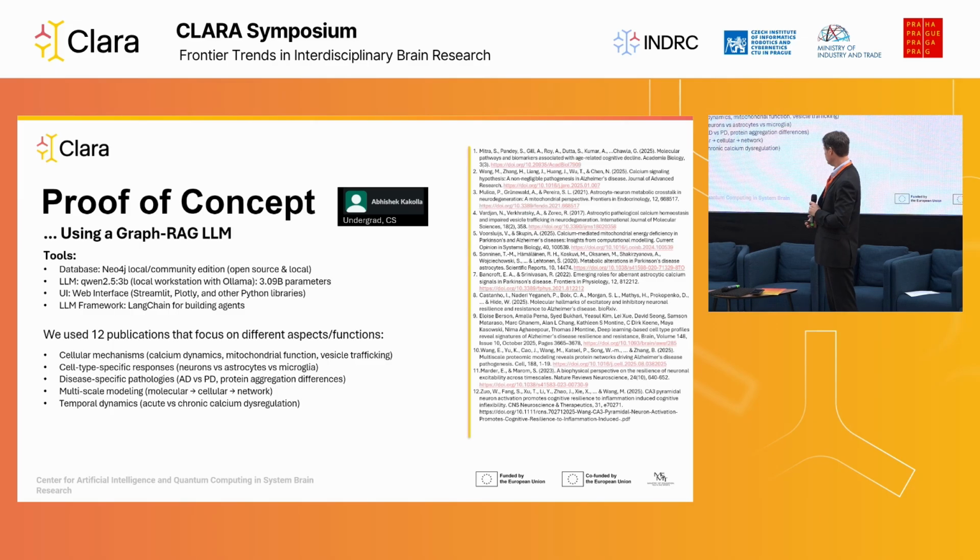We only used 12 publications that focused on some cellular mechanisms, some cell-type specific responses: neurons, astrocytes, microglia. All of these cells interact with each other in the nervous system. And we also incorporated some temporal dynamics.